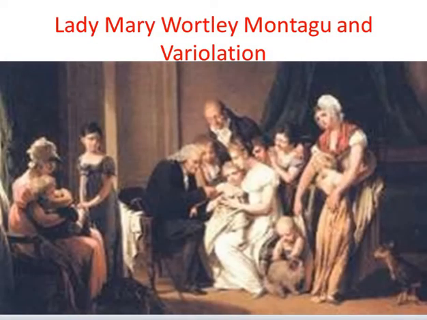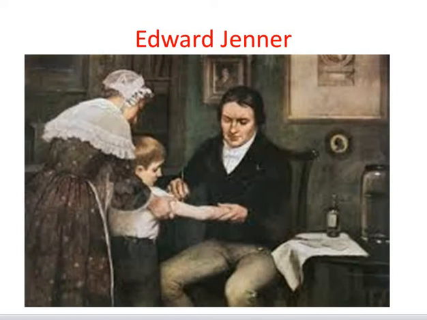In 1780, Lady Mary Wortley Montagu, the wife of the British ambassador in Constantinople, observed the positive effects of variolation on the native Turkish population and had the technique performed on her own children. The English physician Edward Jenner later made a giant advance in the deliberate development of immunity, again targeting smallpox.